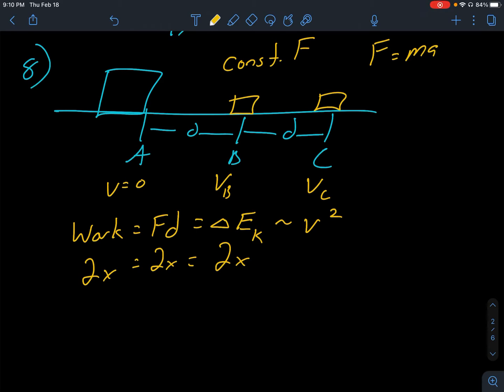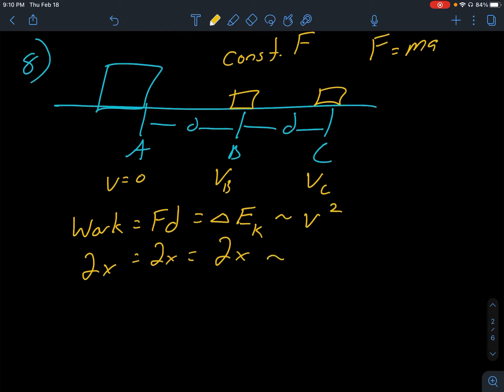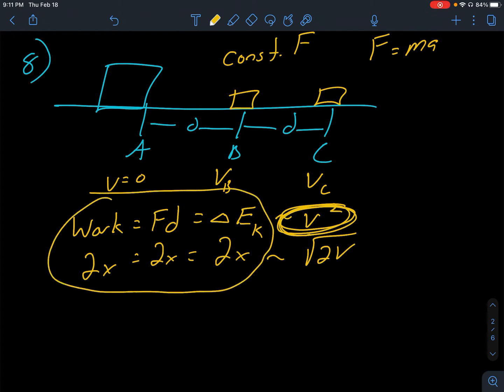In the beginning, from just going from A to B, that was one amount of change. Now we're going 2 distances or 2Ds. That's twice that energy. But when we look at velocity, though, it's going to be the square root of that 2 velocity to get that actual number, because this is what we're solving for.